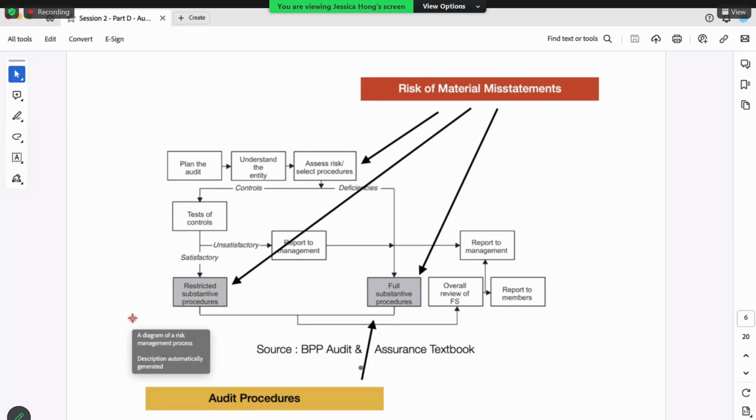The system will automatically generate for you. But in the exam, this is not given, right? And it's not a multiple choice question. So that is why you're expected to write the audit procedures. Most of the time in a case study, there is only one correct answer because the case study is written specifically for this.